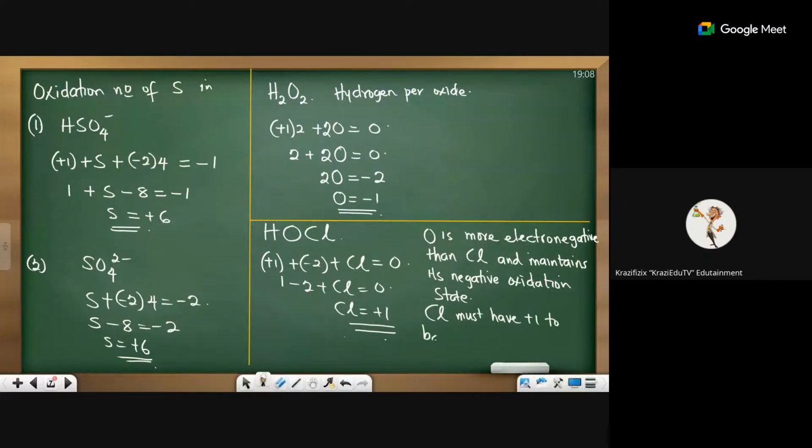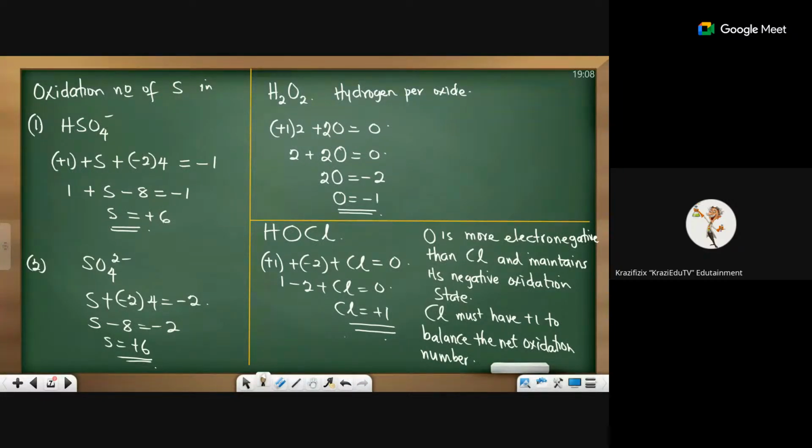To balance the net, what number? But net oxidation number must be equal to what? 0. So I'm looking at exceptional cases here.